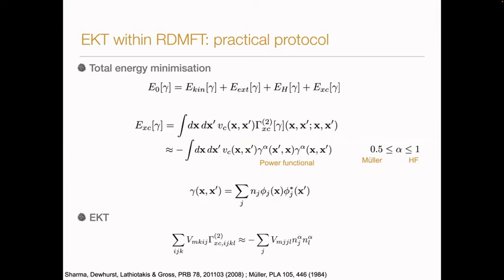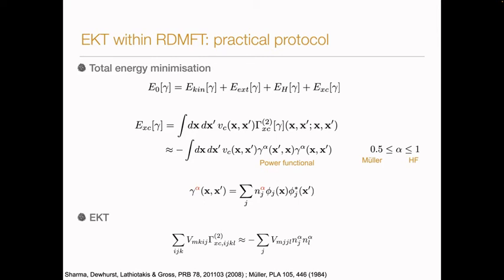You get the Mueller functional at 0.5, or Hartree-Fock when alpha is 1, okay, which means simply that you put this alpha in the eigenvalues of gamma 1. And then we use this, so this is optimized, we get the optimal natural orbital set and occupation numbers, and we build the EKT equations, in which also the gamma 2, which appears in the EKT equation, is approximated with the power function.